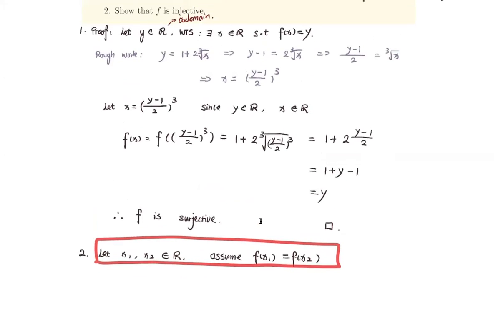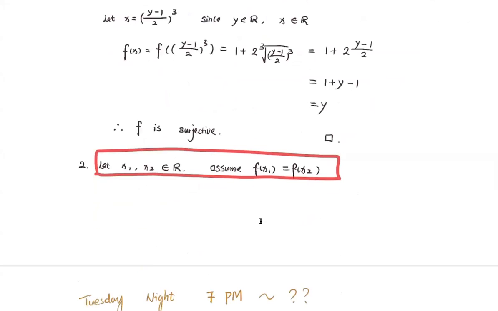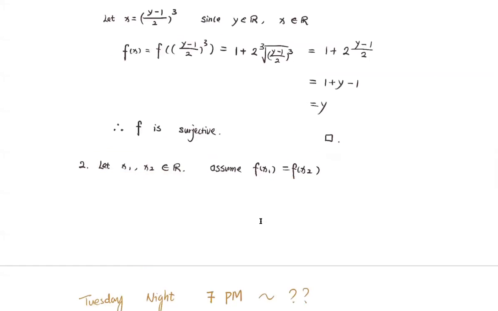Now let's put f of x1 and f of x2 in there. That's going to give you 1 plus 2 times the cube root of x1 equals 1 plus 2 times the cube root of x2. And this will give you the cube root of x1 equals the cube root of x2.